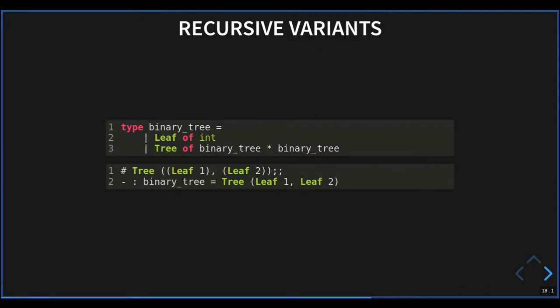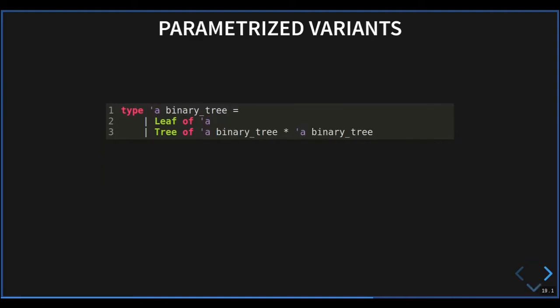But here we have this integer hard-coded in the leaf, so in leaf we can only have integers. So let's say we want to create trees not only holding integers, but maybe some tree holding strings, or tree holding floating points, or any other type.